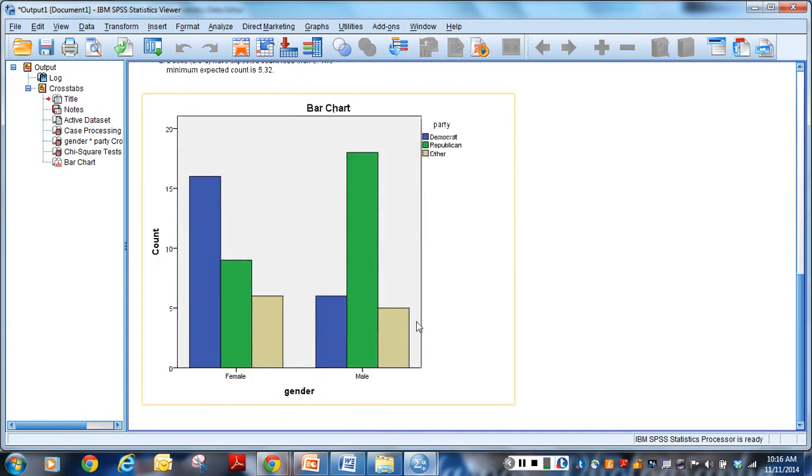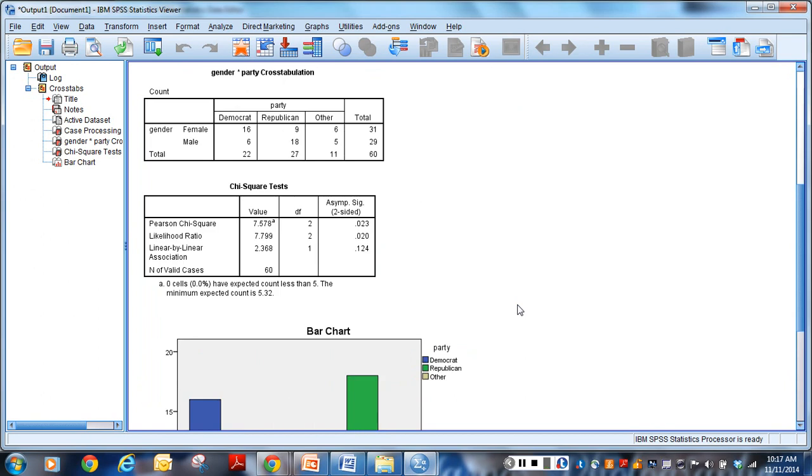And here is our bar chart. Notice it shows which color denotes which party affiliation. And so here are our females and our males. You can clearly see our females are mostly Democrat and our males are mostly Republican. So a nice visual to further examine your data.